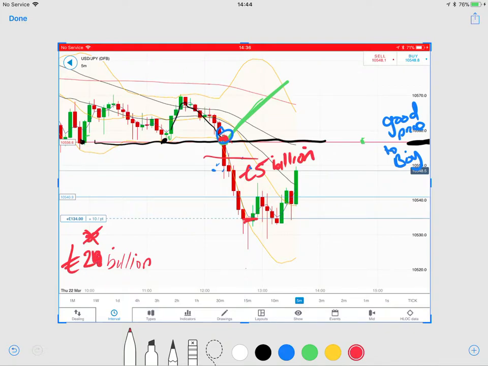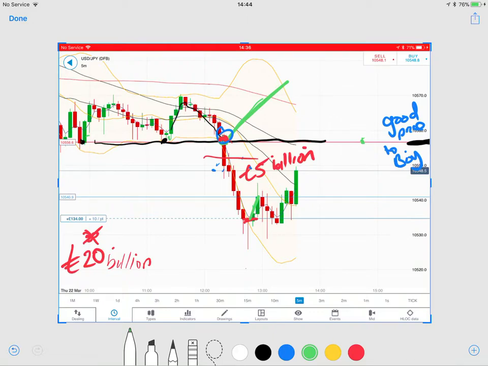Yeah. So now they've got 20 billion left. Now, that buying that the banks have just done is represented in these two candles here. So the banks have bought it and the price has gone up. So they've bought all those positions out and they've done about 10% of the way there.